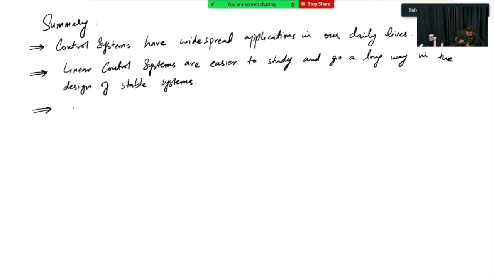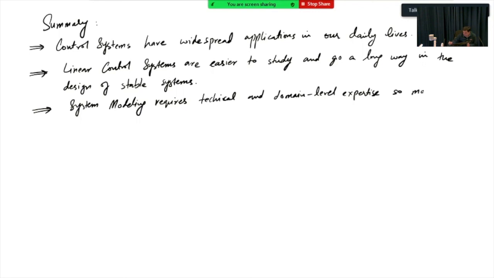Now, the system modeling, right, is the art, right? That requires technical and domain level expertise.